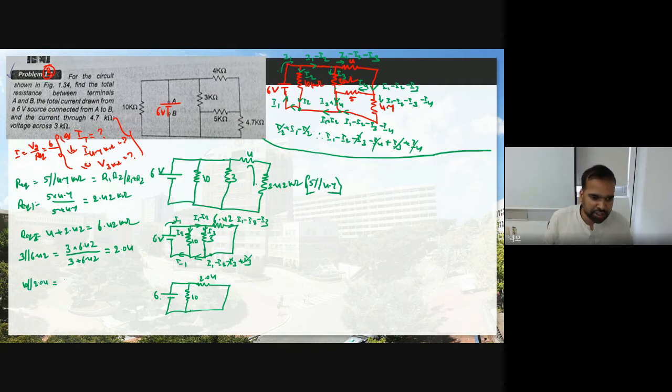Therefore if you solve this one, 10 into 2.04 by 10 plus 2.04, then what you will get here? You will get 1.69 kilo ohm, because the units are in kilo ohm. Now instead of this one, I can replace a single resistor with the value of what?